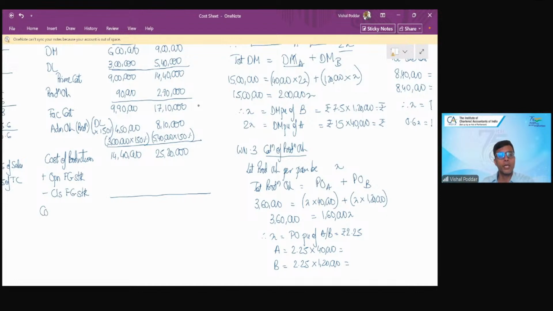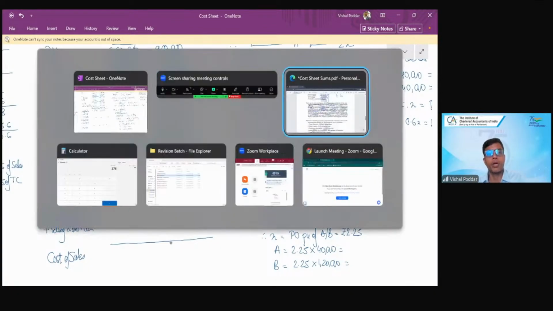So I will get cost of goods sold, to which I will add selling and distribution overheads. So I will get my cost of sales. Now, from where do I get this stock?